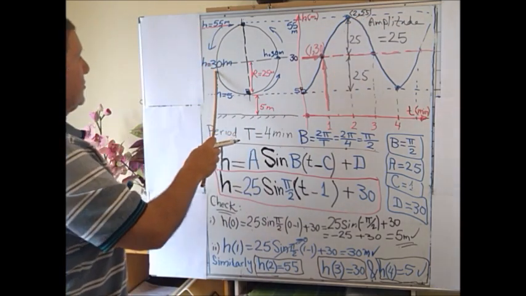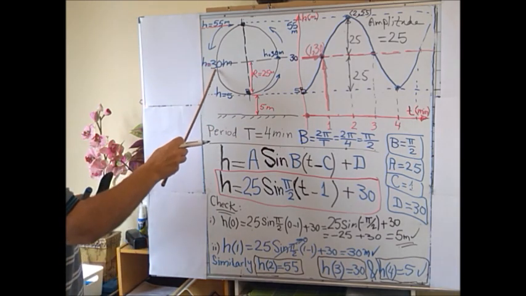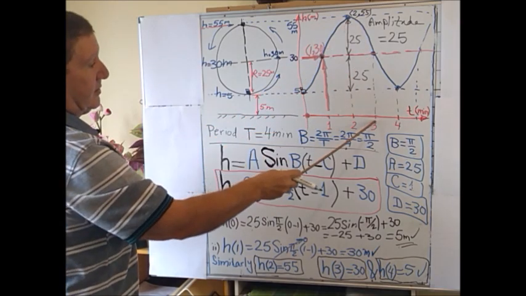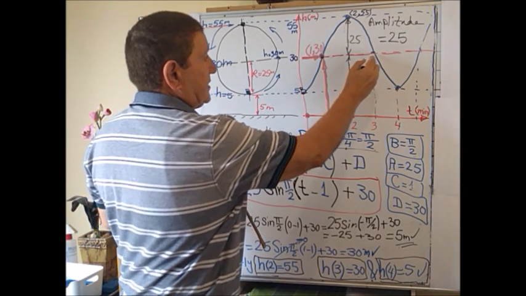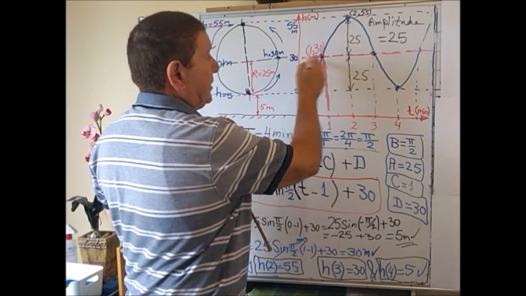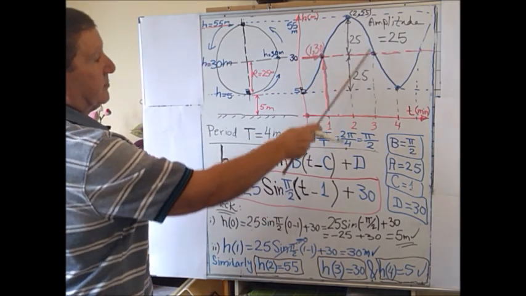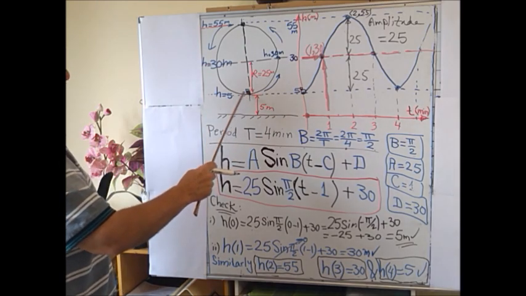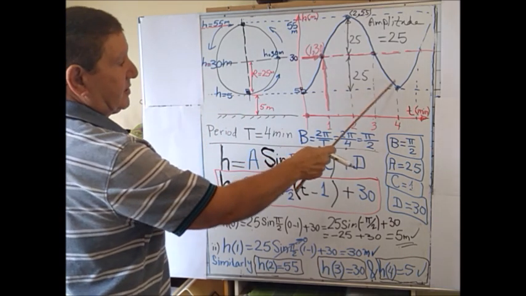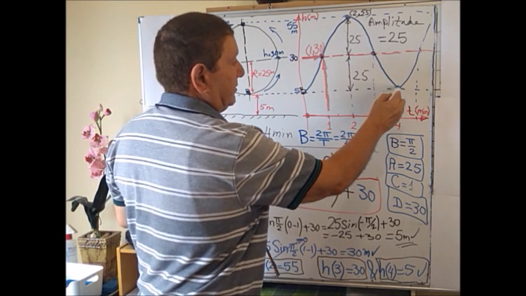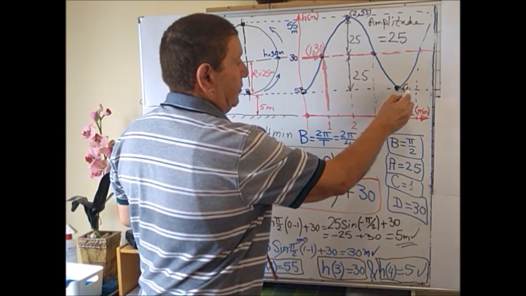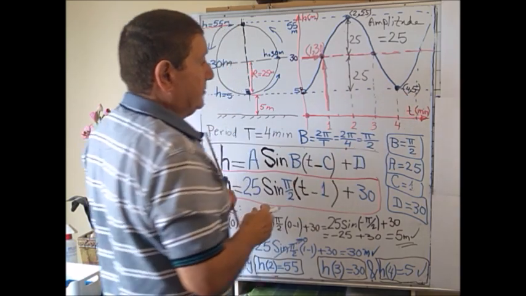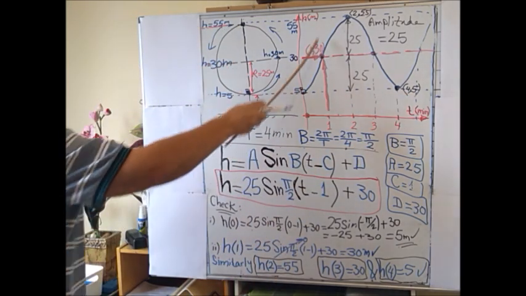It continues like that, and the height decreases back to 30 after 3 minutes. So this point is (3, 30). And finally it comes back to the starting point, where h is 5 meters, so this is again 4 minutes and 5 meters. So this is the graph.